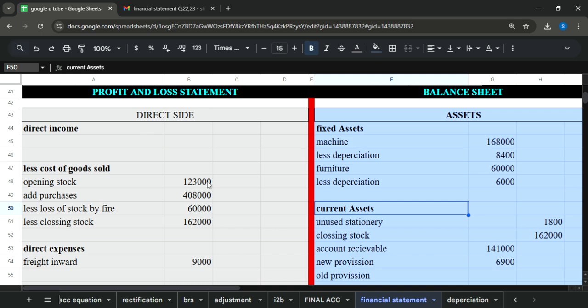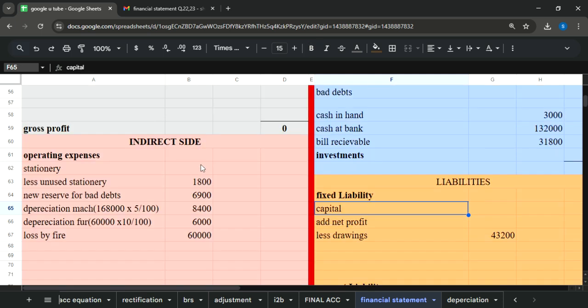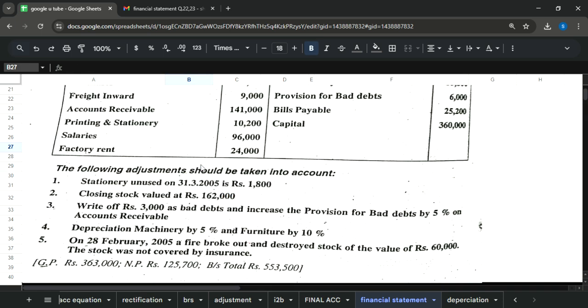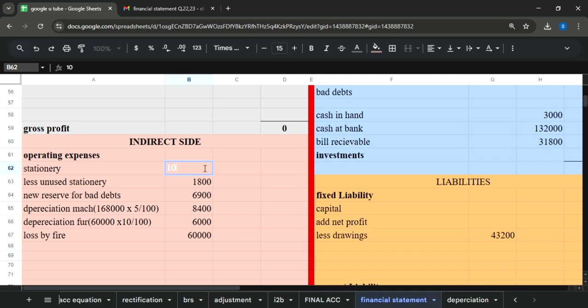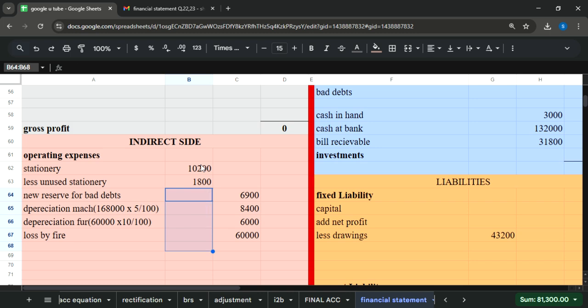Account receivable completed, and after account receivable we have printing. The space is fixed for printing. Here you will write amount of printing and stationery, 10,200. Okay, all these amounts were supposed to be written in second column, these four amounts. So let's put them over here.